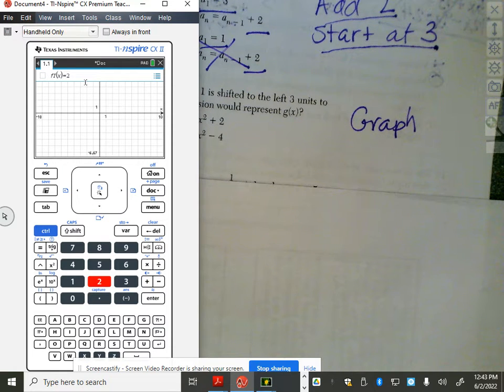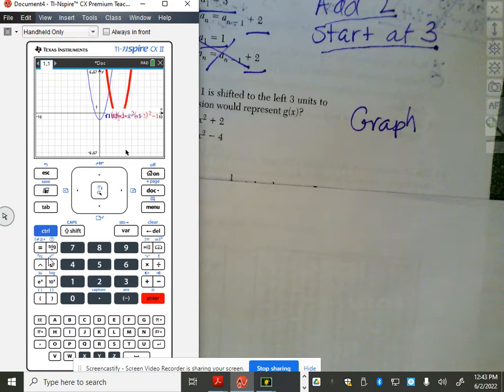So we have 2x squared, and then it is minus 1. We hit enter, and we see that's our original graph. We hit tab to enter another graph, and the next graph is 2, and then in parentheses, we have x minus 3, squared, minus 1.